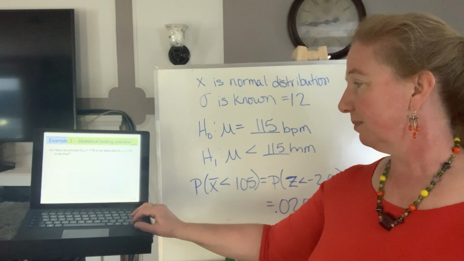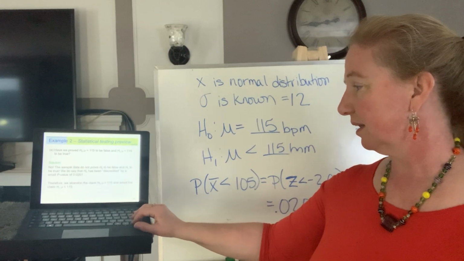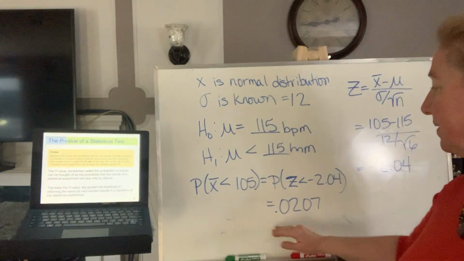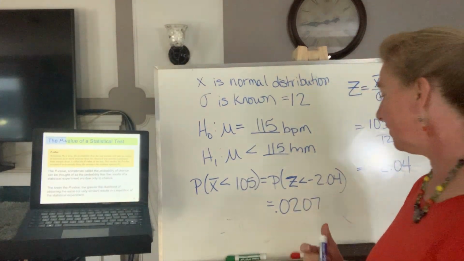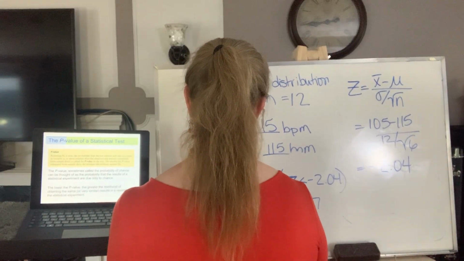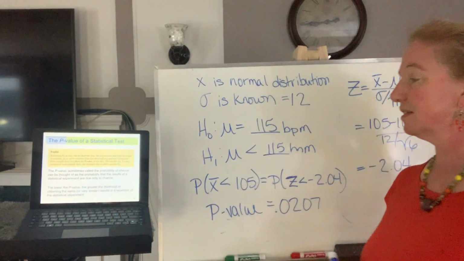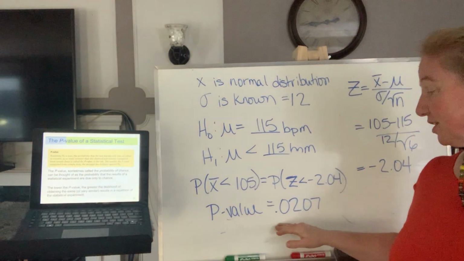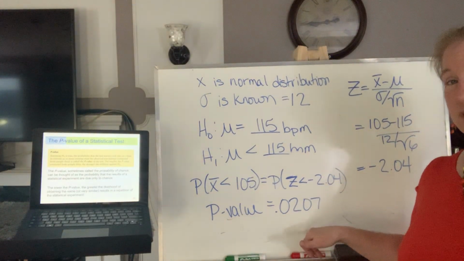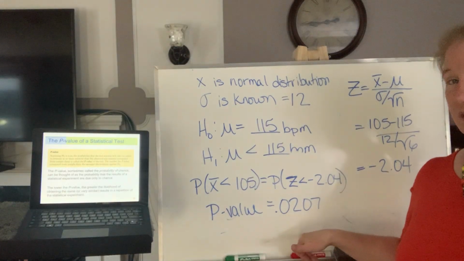So I'm going to keep going because I need to introduce a new concept. So this is the p-value, okay? The p-value of the test. And again, the smaller that is, the better chance that this is an accurate sample. So 2.07% is pretty small, okay?